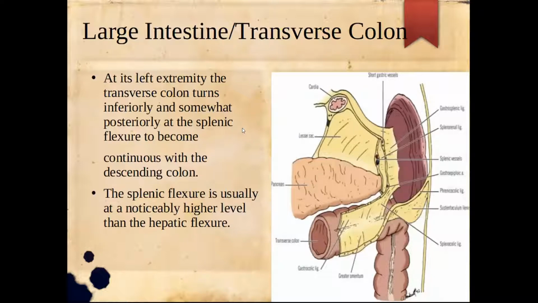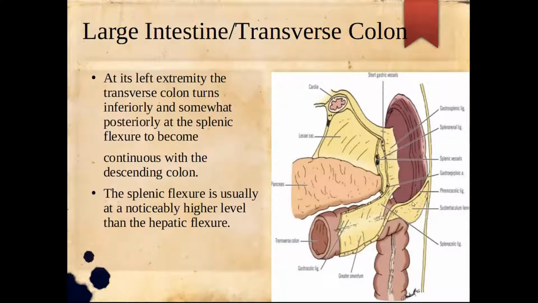Okay, as I go back, the left extremity of the transverse colon, as I show here, turns inferiorly and sometimes somewhat posteriorly at the splenic flexure to become the descending colon.